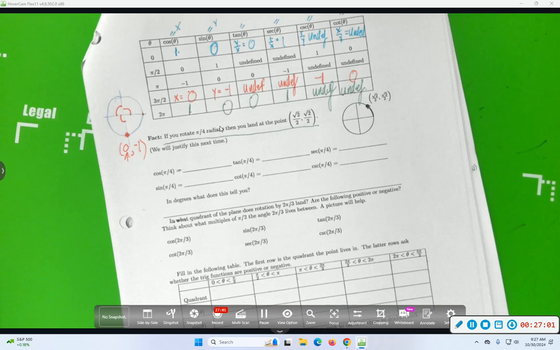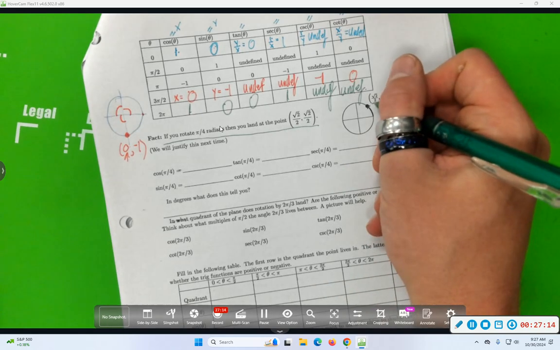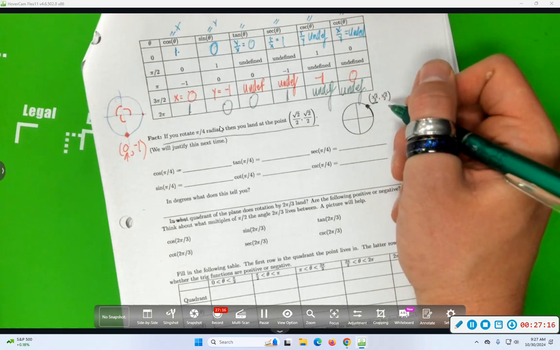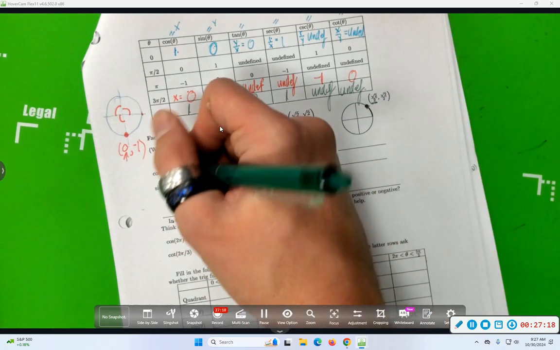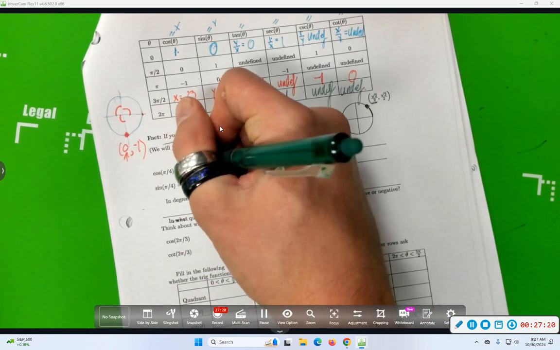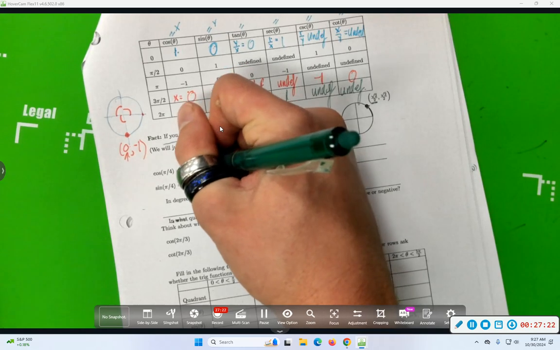What's cosine? Ah, no, cosine isn't the square. Cosine is actually the x value. So you land at this point, and the cosine will be the x value, which is just root 2 over 2.